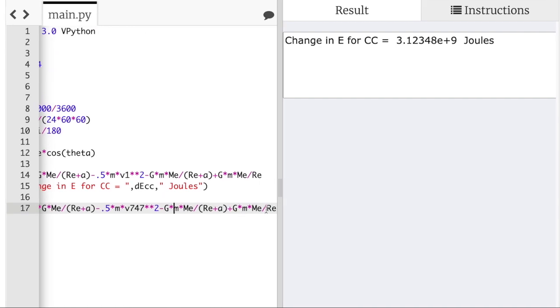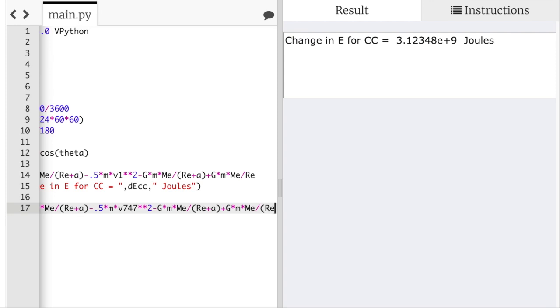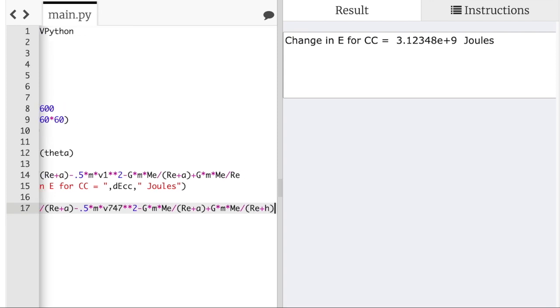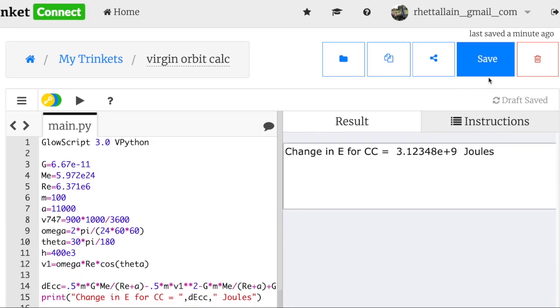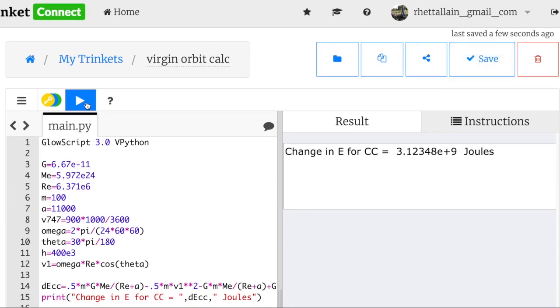And then this is different: the initial potential is R_E plus H. Print change in E for VO, Virgin Orbit, equals DEV joules. Save it. Run.